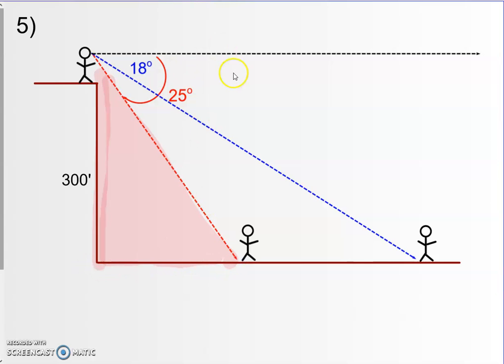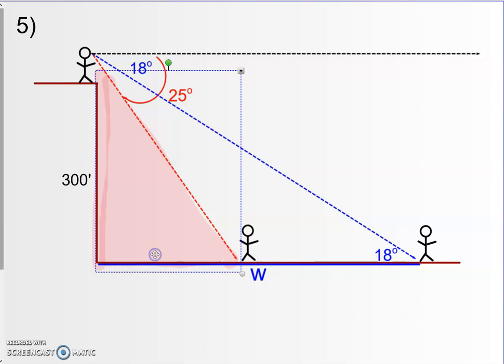So there's the pink triangle that goes with Camille, and then we have the bigger triangle that goes with Wesley. But what I'm looking for is the distance between both people here. And I don't think I can find that directly. I'm going to have to find it indirectly. So the first thing I'm going to do is say, Wesley's distance from the base of the cliff to where he's standing is W. And notice how I took this 18 degrees and I moved it down there.